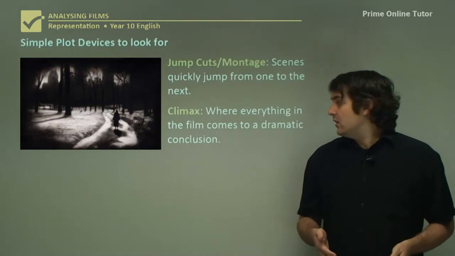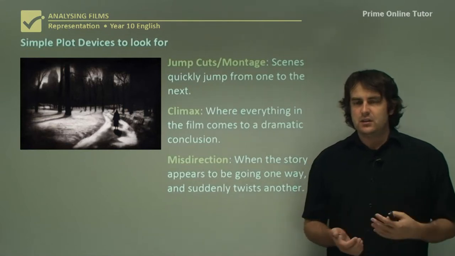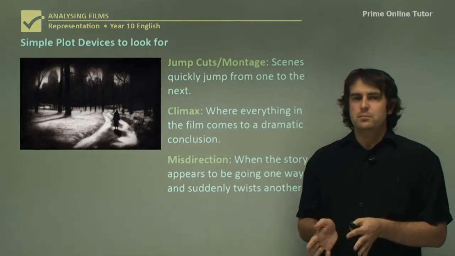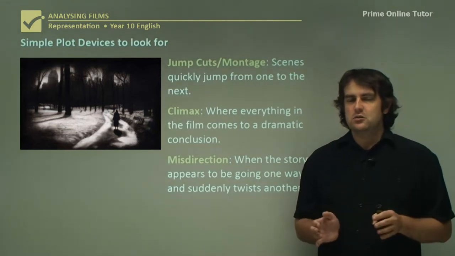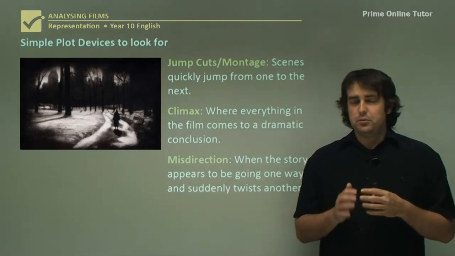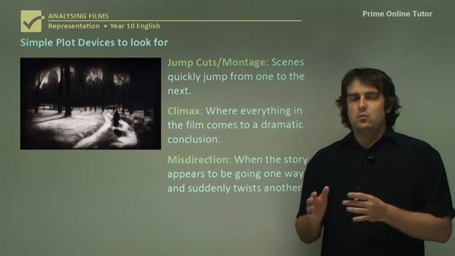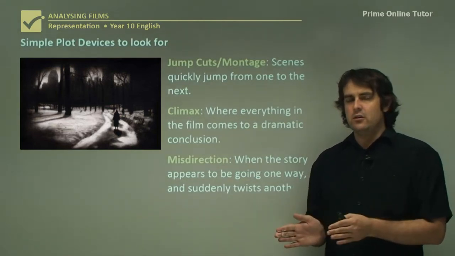And finally, misdirection, which is a particular way of shooting a film which is pointing you basically towards a plot twist. So it's essentially trying to put elements of the story in such a way that when people watch it, they're meant to believe one thing and really the other's going on.